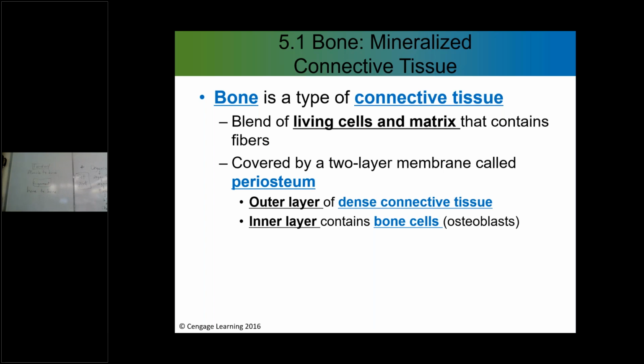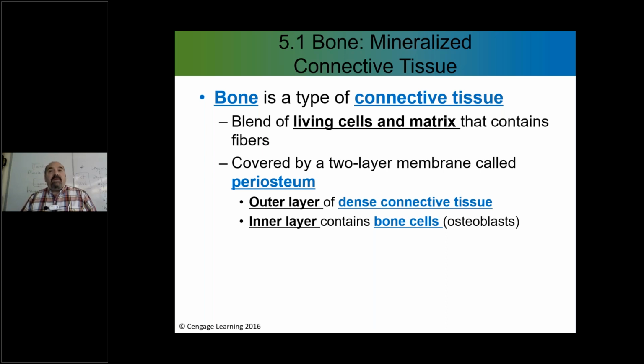See here, a 2-layer membrane called the periosteum. There's a covering of bone, right? And that inner layer of this covering is what's actually going to help produce more bone. These bone cells are osteoblasts. There's multiple types of bone cells. Osteoblasts, starts with the B, osteoblasts build bone.